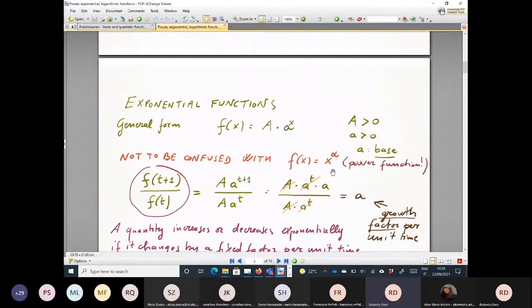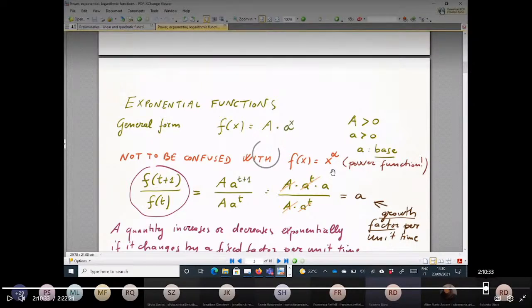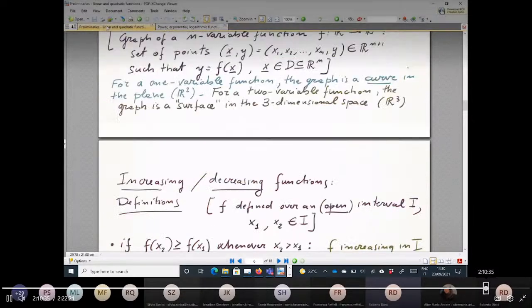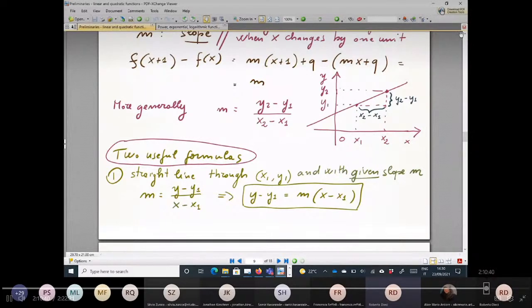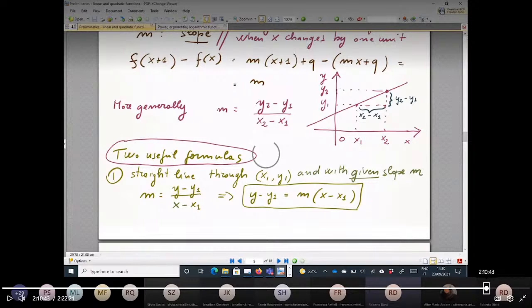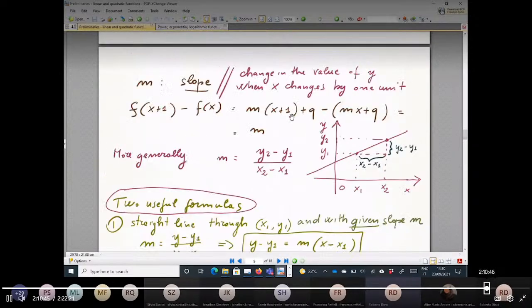Okay? So the main property of the exponential function, you remember in the linear function we studied what happens. It's very useful to contrast it with the linear function. For the linear function we studied what happens in terms of increasing the independent variable by 1 unit, okay?